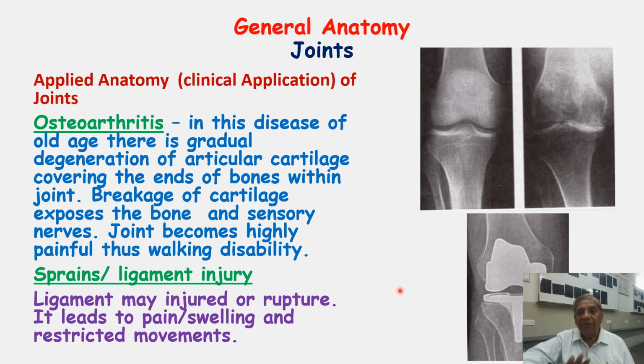So whenever there is injury to the ligament or to the articular capsule, as we get in a sprain, we feel a lot of pain, and a ligament which gets injured or ruptured in some cases will lead to swelling, pain and restricted movement. You will not be able to walk properly if your ankle joint or knee joint has a sprain or injury.